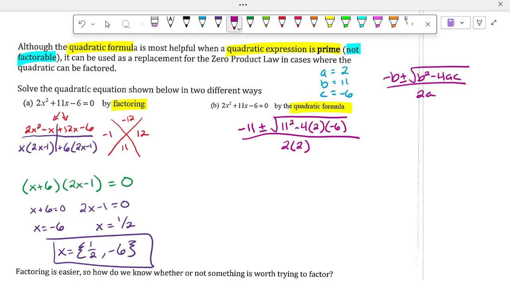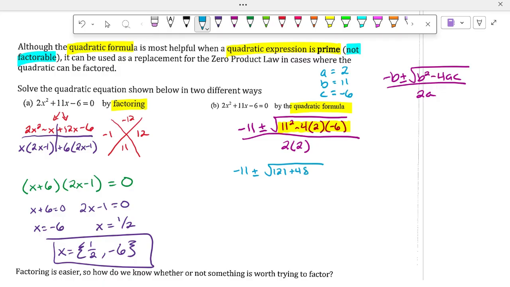Now, what I usually tell my kids when dealing with the quadratic formula: deal with what's under the radical first, whether that's putting it in your calculator or just doing a quick check. So this is the same thing as -11 plus or minus the square root. What's 11 squared? 121. And then what is -4 times 2 times -6?